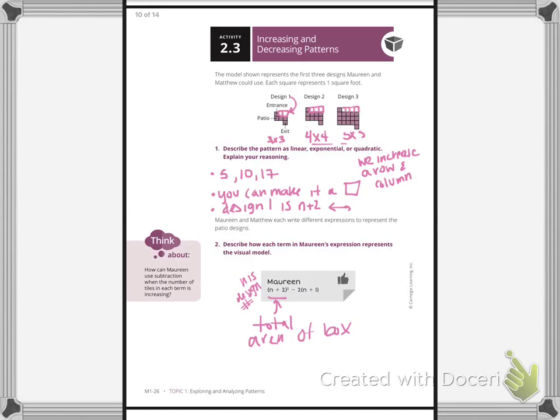And I add 1 that time. Okay, so if I'm adding 1 each time, I could say n plus 1, because n is my design number, but there are 2 sets of them, because we got both corners. So that's why there's a little 2 that is sitting in front. So this is subtracting all the white boxes out.